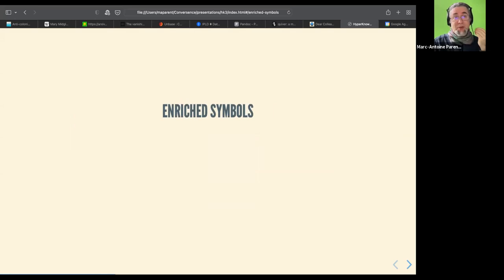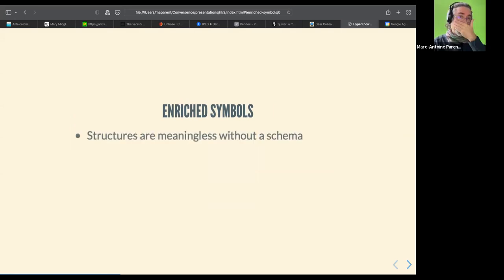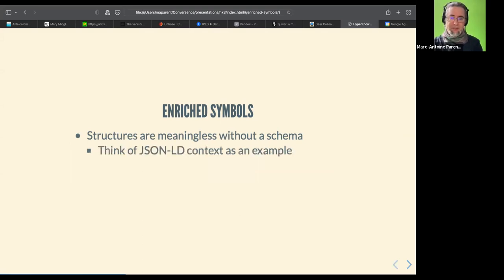Now, most of the time, we want to know what the symbol's about. If it's a structure, it's meaningless without a schema to interpret the structure. A JSON-LD context, which again we may use, is an example of enriching a structure with a schema. Like if you have a database, you may have multiple tables with the same tuple in a certain row with totally different meanings in different tables or in different schemas in general.